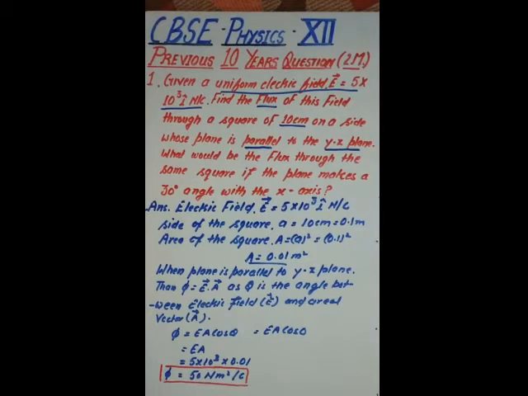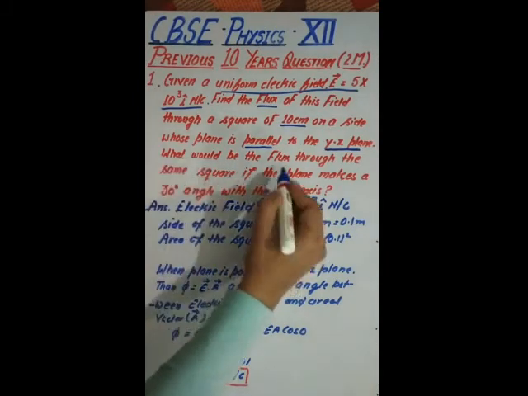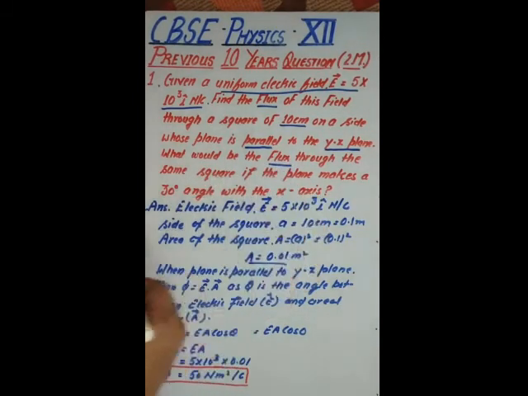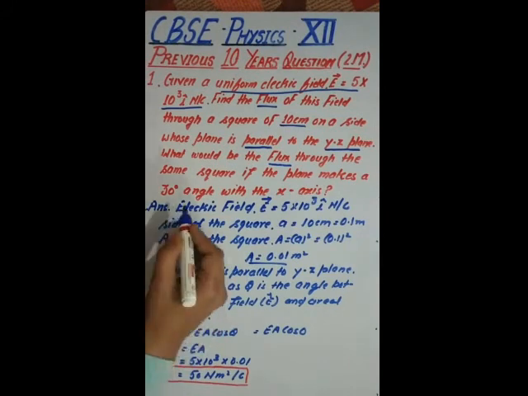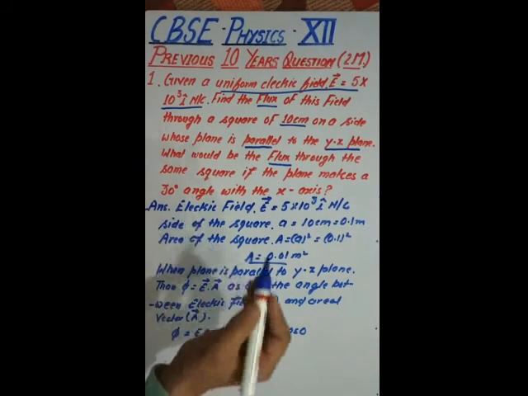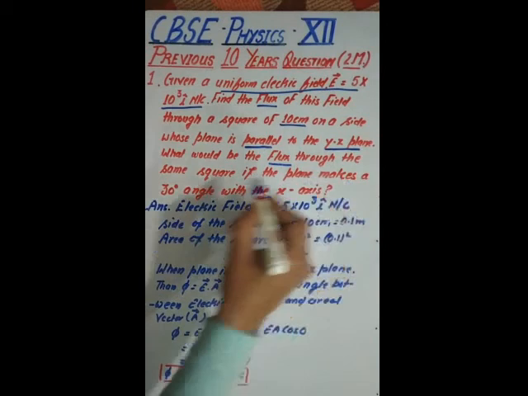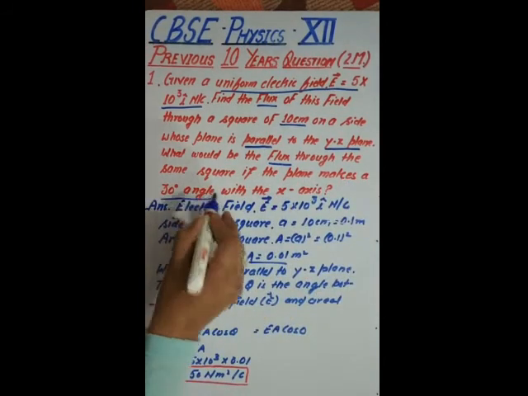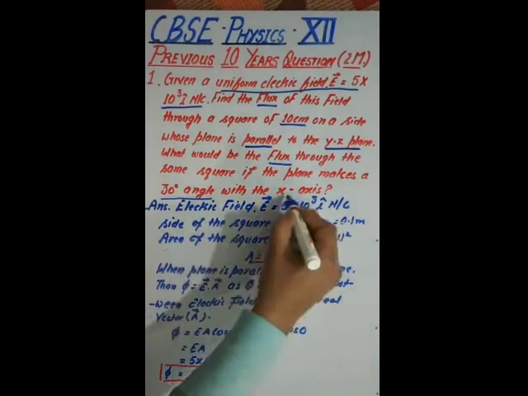In the second part of the question, we have to find out what would be the flux again through the same square. The side is the same. The plane makes a 30 degree angle with the x-axis.